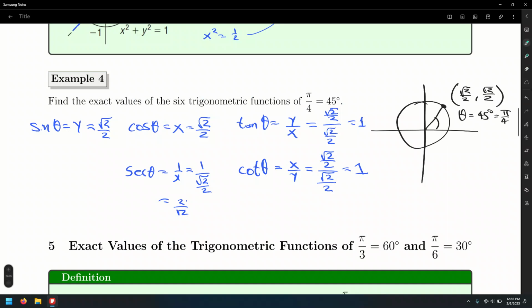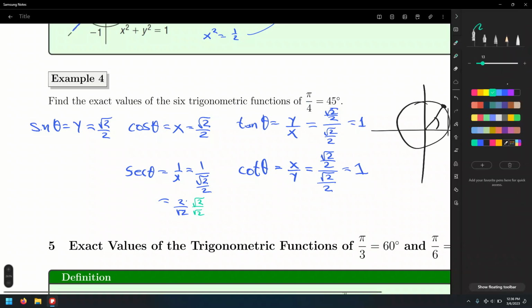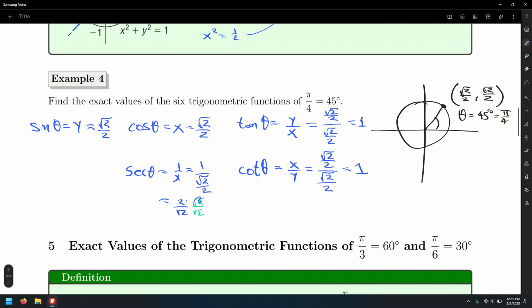So let's rationalize by multiplying by root of 2 and dividing by root of 2. That gives 2 times root of 2, that's simply 2 root of 2, and root of 2 times itself, the radical cancels and we are left with the quantity inside the radical, which is 2. Cancel these 2's, and this will be simply root of 2.